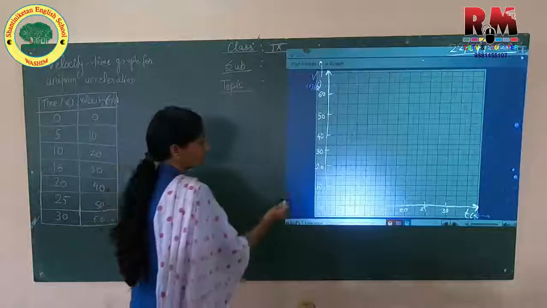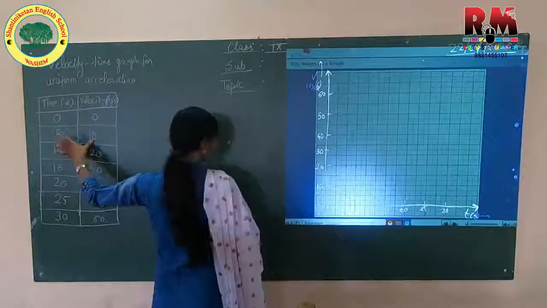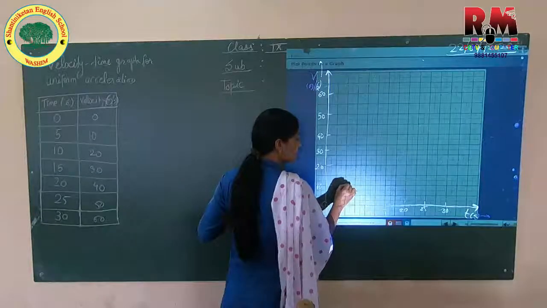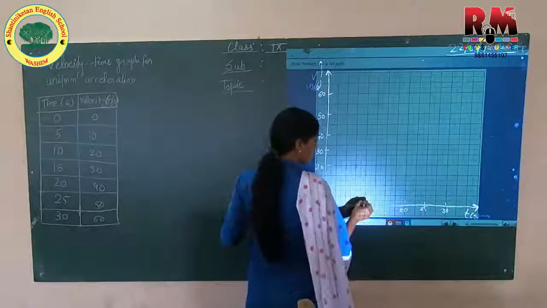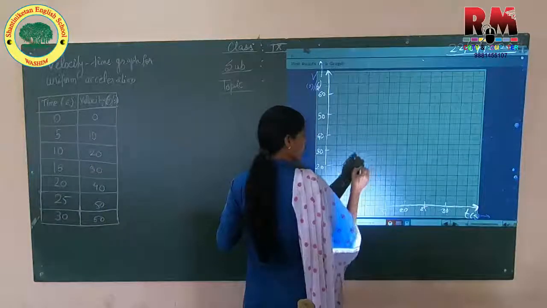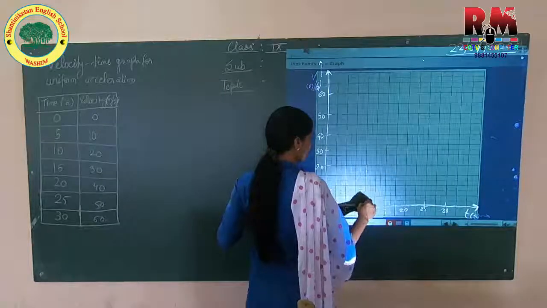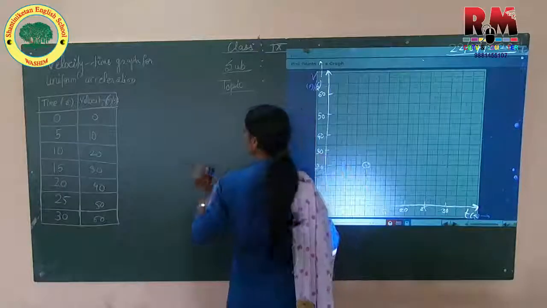At 0, it is 0. At 5 second, 10 meter per second. At 10, it is 20.